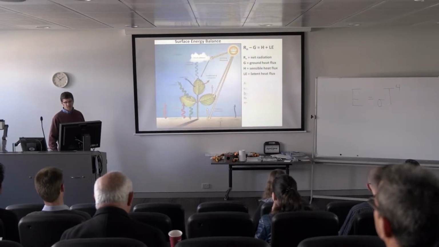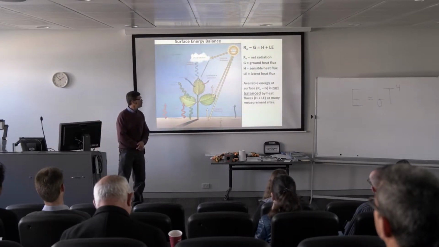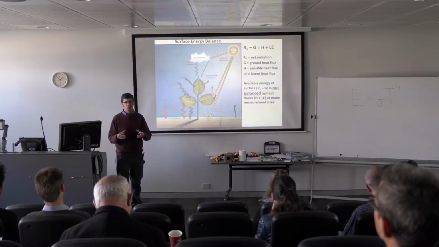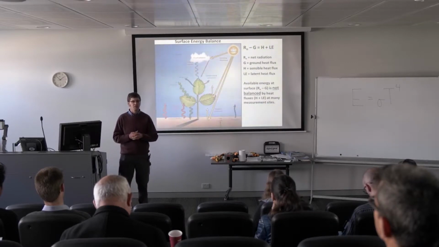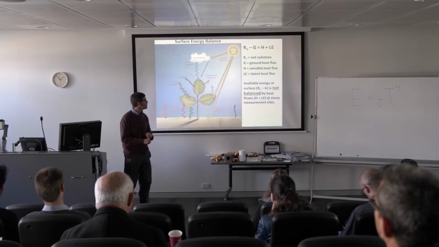So we just defined those, but here's the real point. We call the difference between net radiation and soil heat flux the available energy, because that's everything that's available to do things like evaporate water or heat the surface, for example.